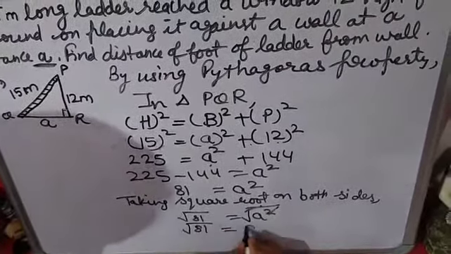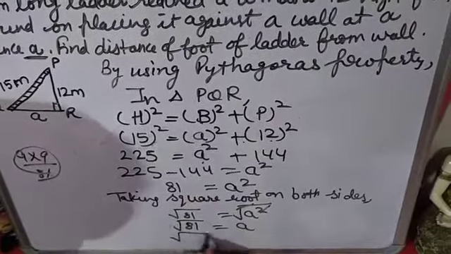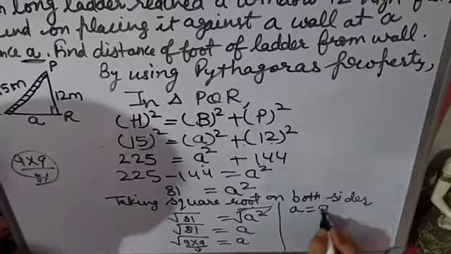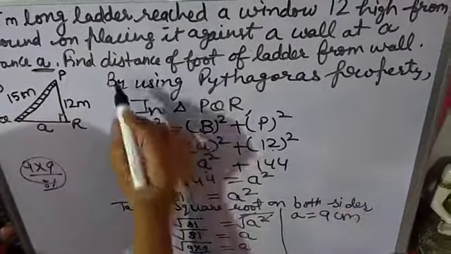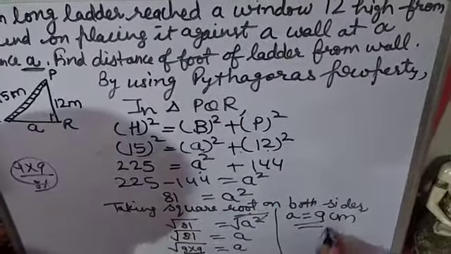Now what is the square root of 81? 9 nines are 81. So instead of this we will write here 9 into 9. Take out one 9 from this. It will be A is equal to 9 centimeter. So distance of foot of ladder from wall is 9 centimeter.